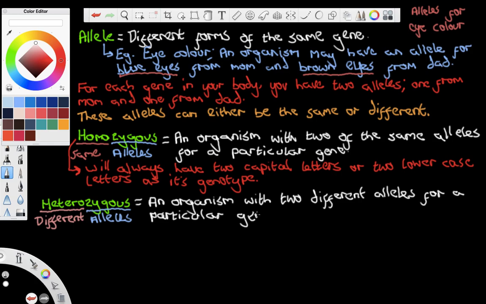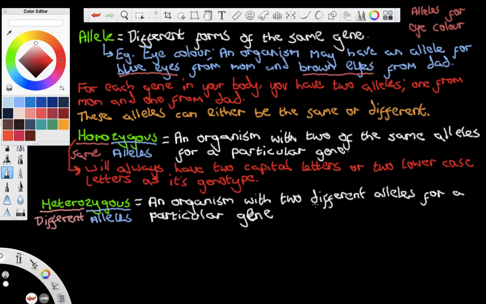Okay? So a heterozygous organism has 2 different alleles for a particular gene. So if we're going with eye colour again, you may have brown eyes from dad and blue eyes from mum. You would therefore be heterozygous for eye colour.